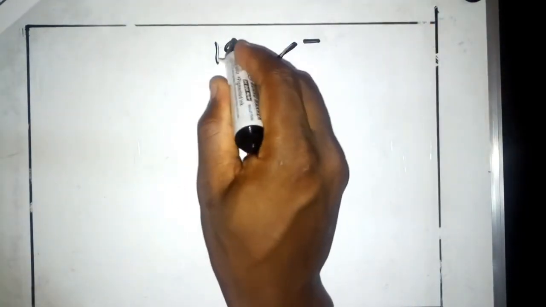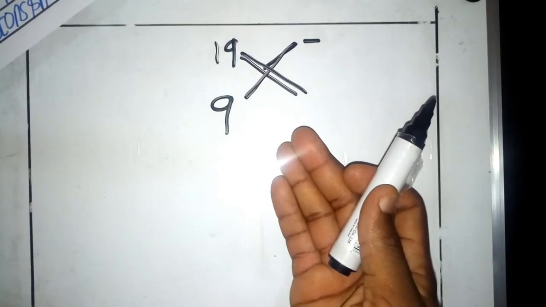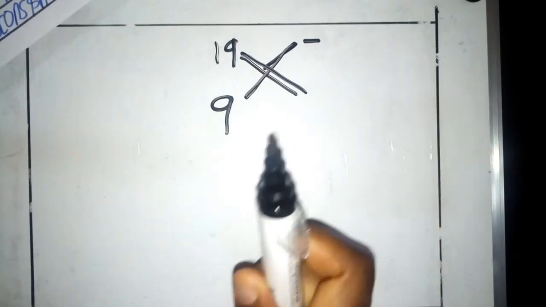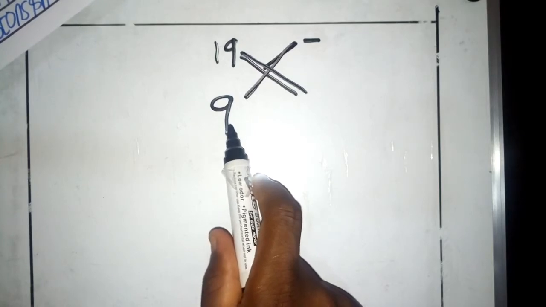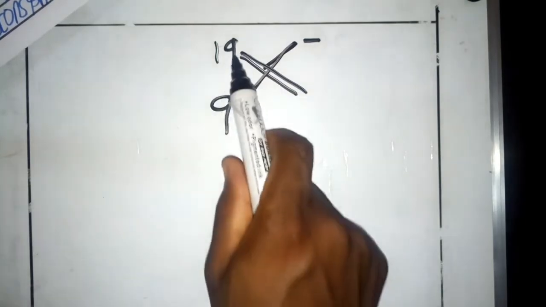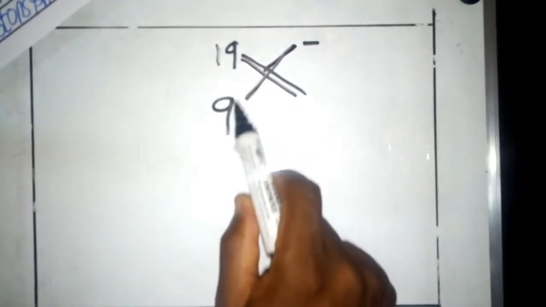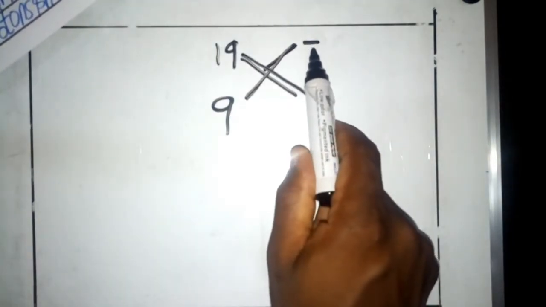Let's say the mass number is going to be 19, since 10 plus 9 is 19. And it has 10 electrons. So this is what you have been given.